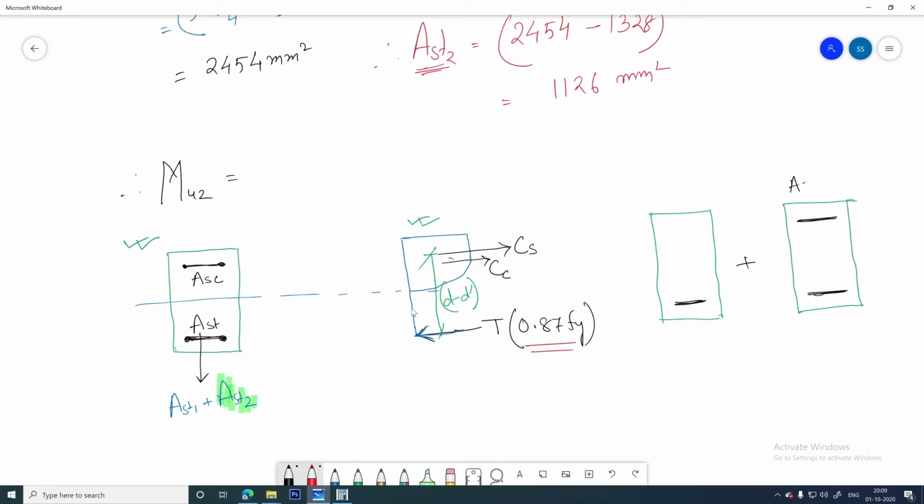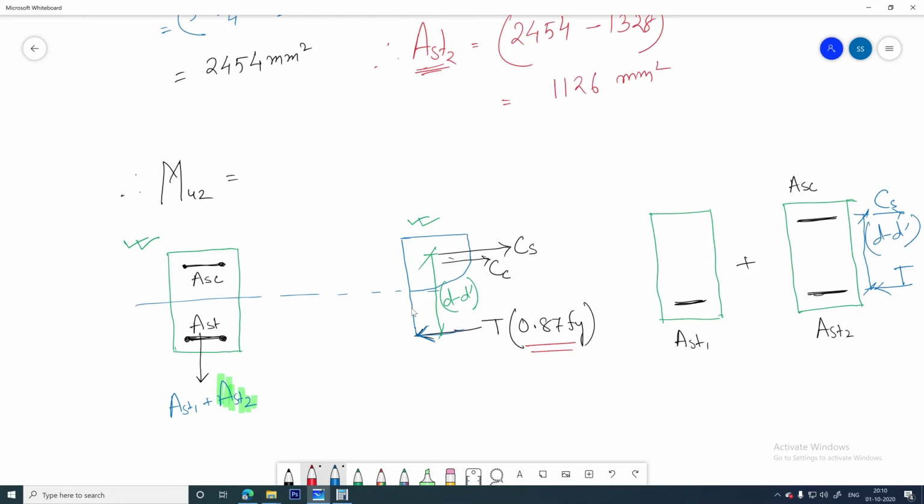This one is ASC, area of steel under compression, this is AST2, and this is AST1. So the vertical distance between these two reinforcements, where you have this CS on this side and T on this side, this particular distance is the lever arm, that is D minus D dash.